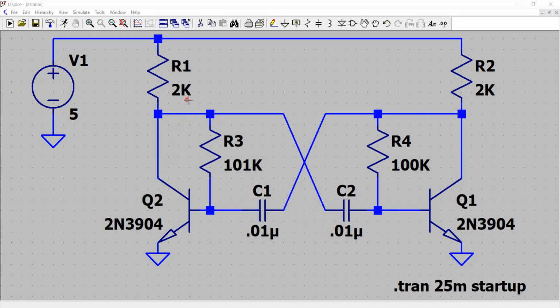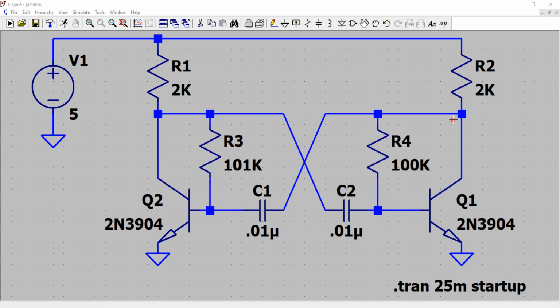Since it is a common emitter amplifier, it is an inverting amplifier, so it will provide a 180-degree phase shift, and this amplifier is also going to provide a 180-degree phase shift. So the total combination of the circuit in this loop provides 180 plus 180, that is 360-degree phase shift, or 0-degree phase shift, which is one of the essential criteria to sustain an oscillation.